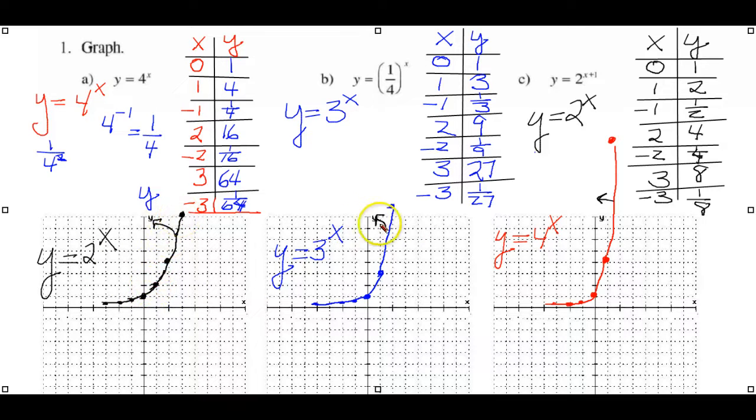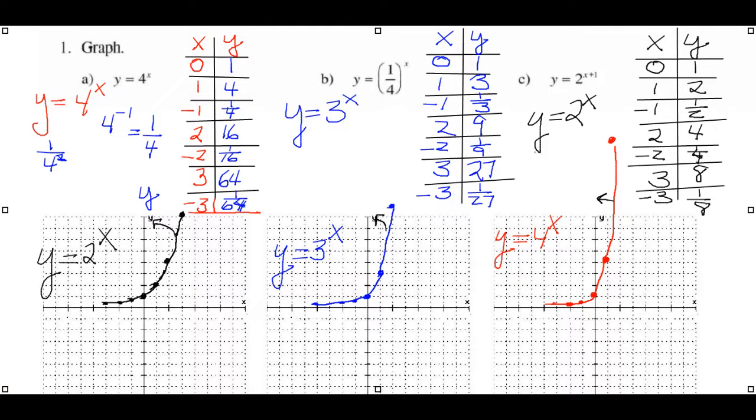So it brings it closer to the y-axis. And that's an important trait when you're picking out through multiple choice which value they are asking you to graph and what it looks like.